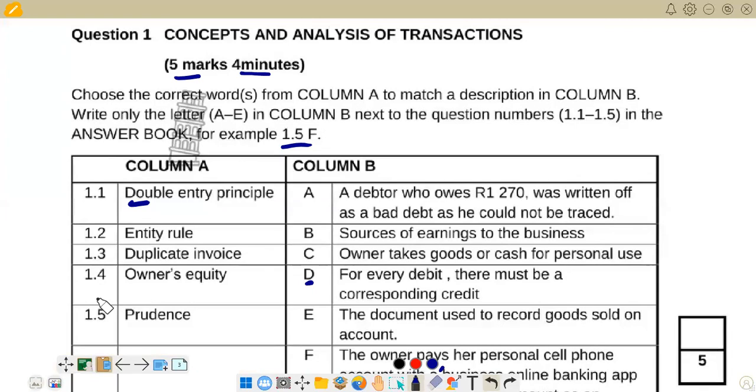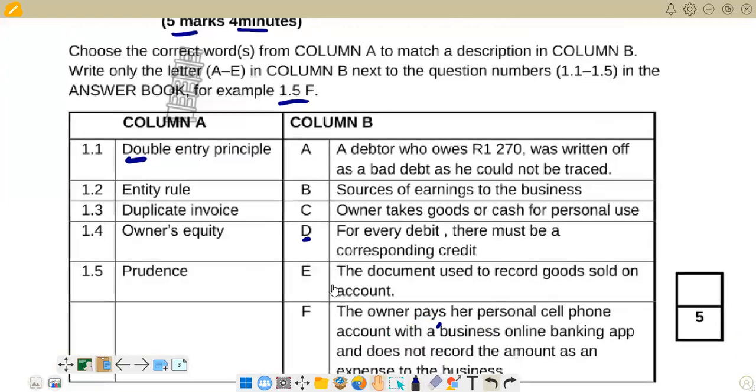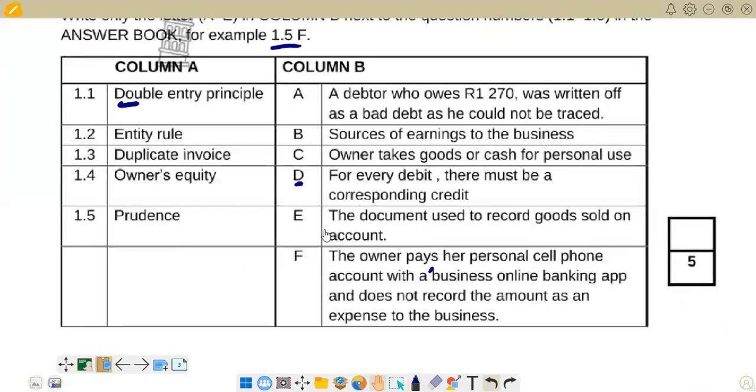If you go to our descriptions, let's go to F and see the explanation. It says the owner pays a personal cell phone account with a business online banking app and does not record the amount as an expense to the business.